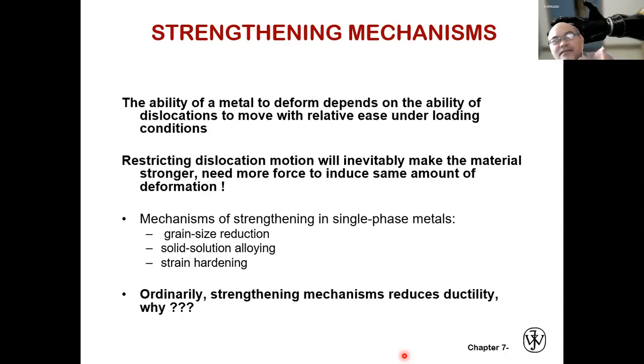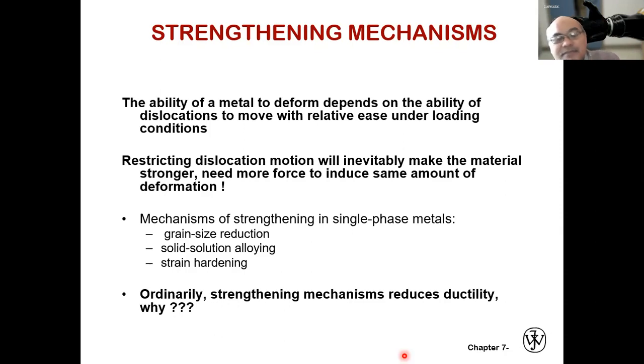If we prevent this motion of dislocation, so we just confine the dislocation to be in that region so that it cannot move, by the breaking and reforming of bonding, as we have discussed earlier, that way we can make the material stronger because we prevent it from deforming.